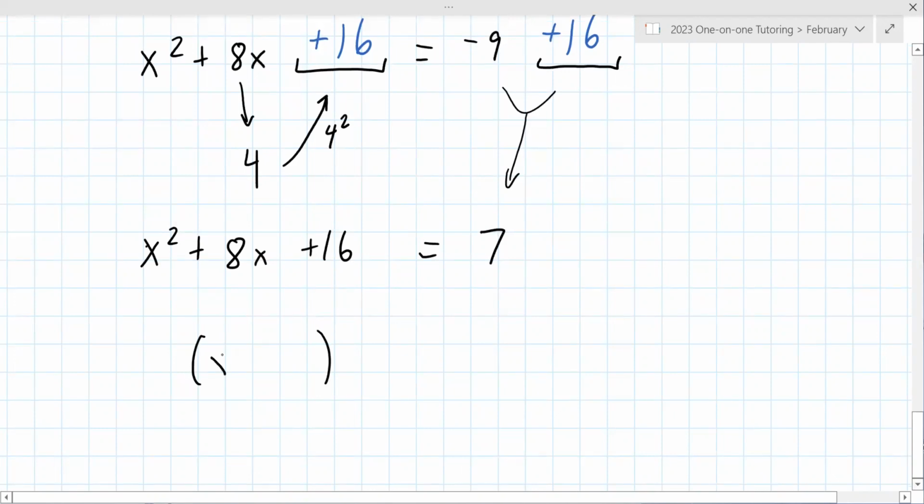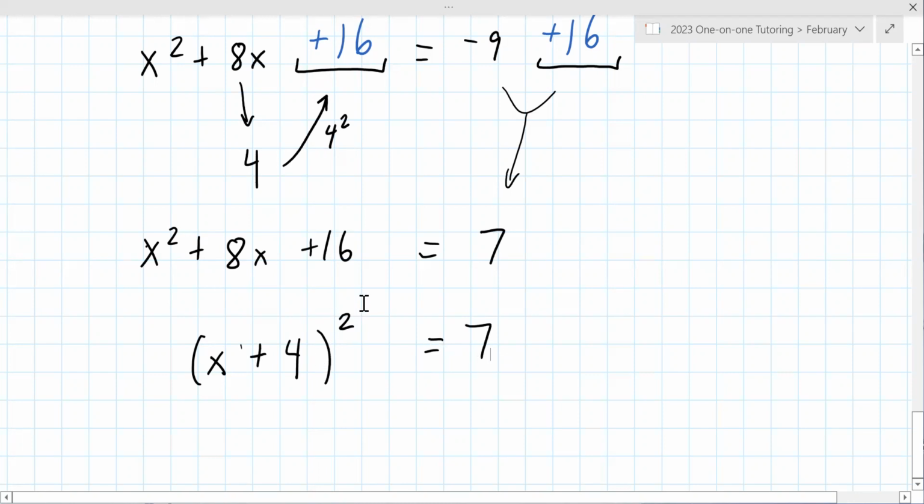So it becomes x, always is x, and then you look at the last number here, square root of 16 is 4, and then the sign comes from this one right here, squared. And why do you do squared after?